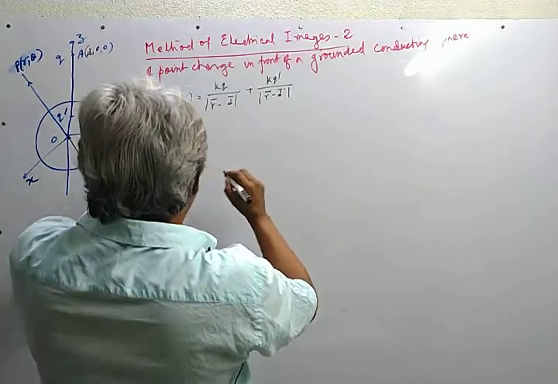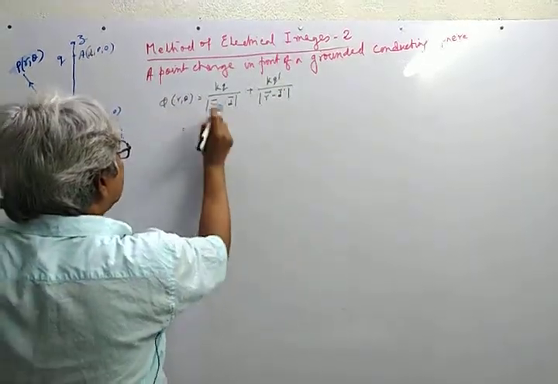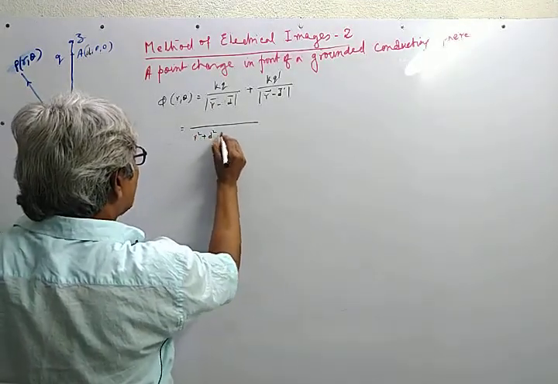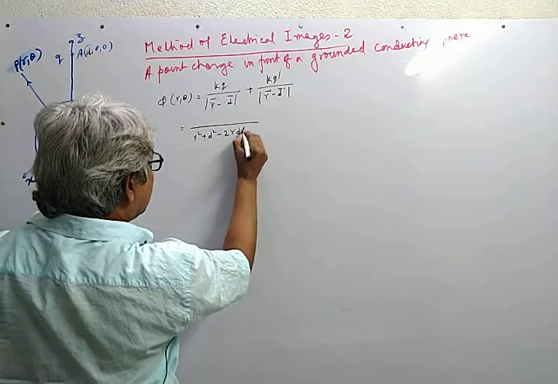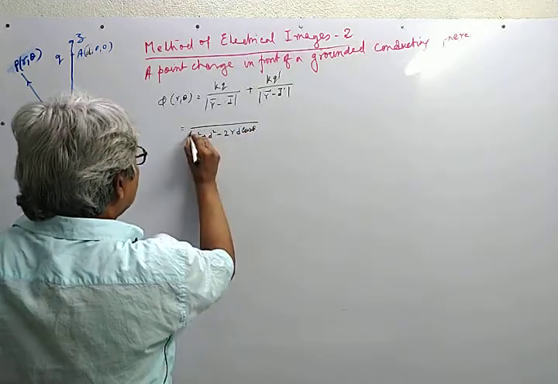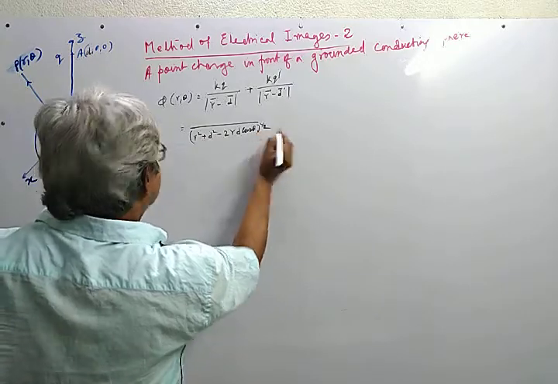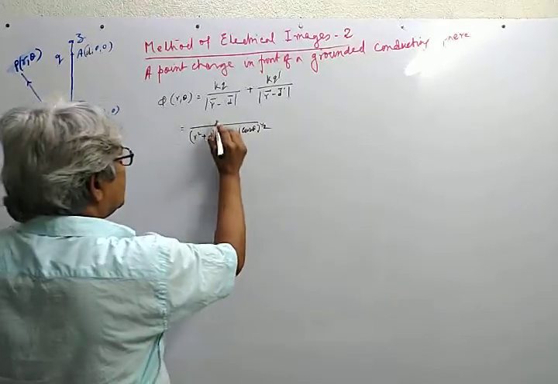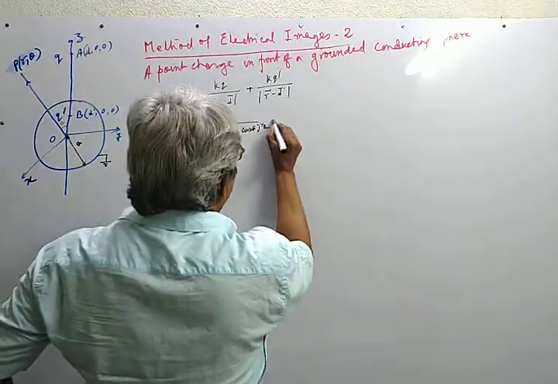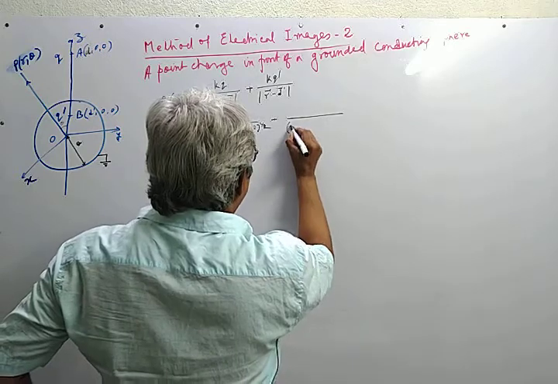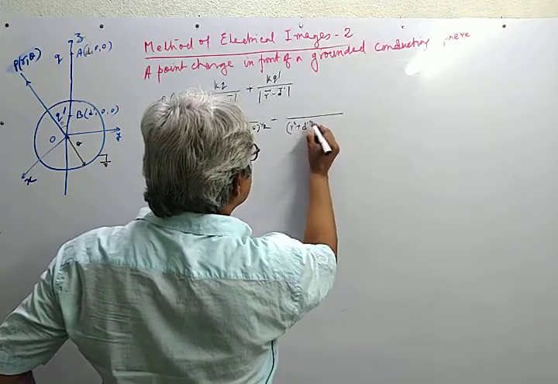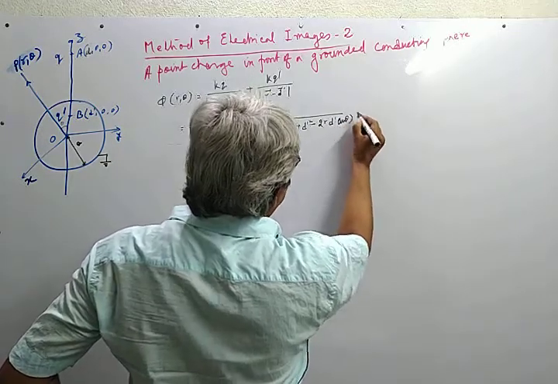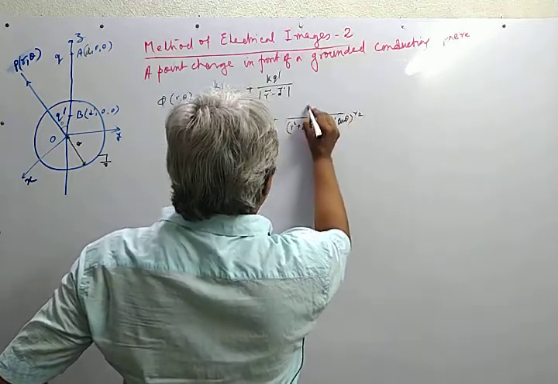In magnitude form, this is kq times r squared plus d squared minus twice r d cos theta, to the power half, where theta is this angle, plus kq prime times r squared plus d prime squared minus twice r d prime cos theta, to the power half.